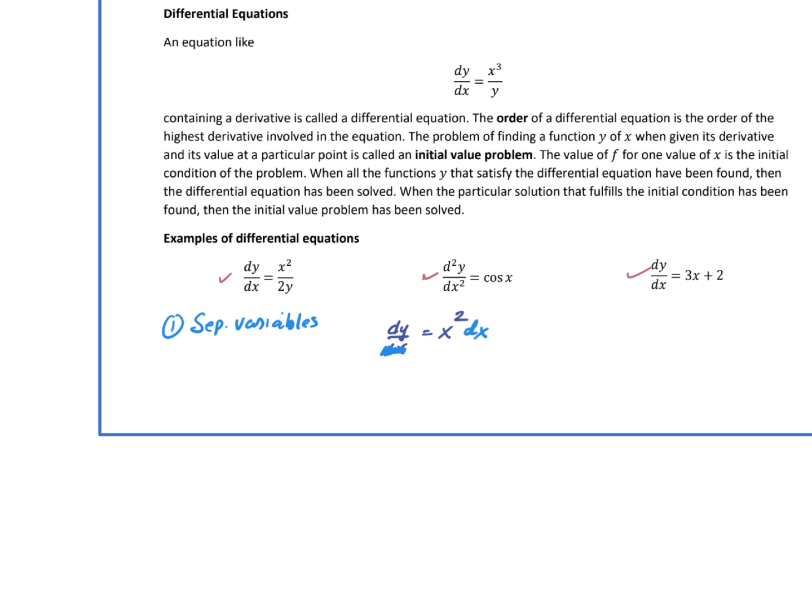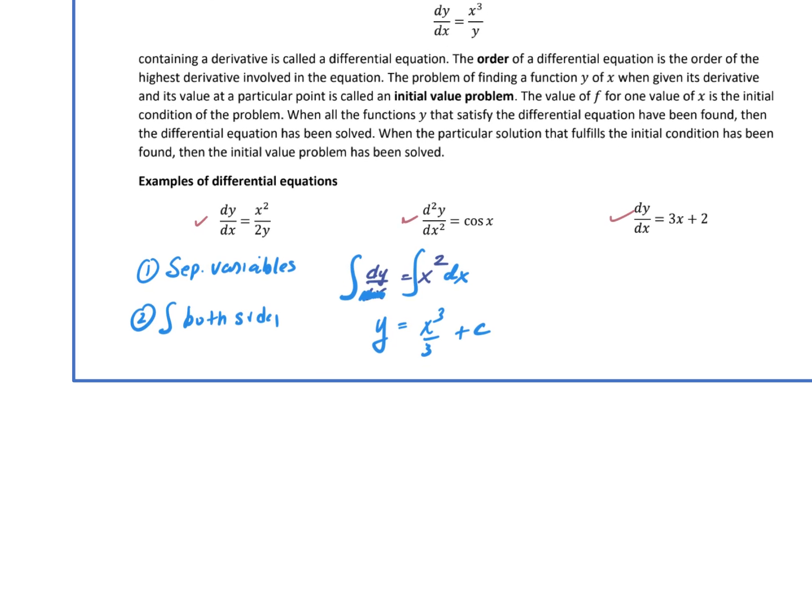Once I get the variables separate, I can integrate both sides. I'd integrate, so you get y equals, and then it's x cubed over 3 plus c. And that's really it. So we've been doing it, okay? There's a lot more to it, but again, this is the original function.